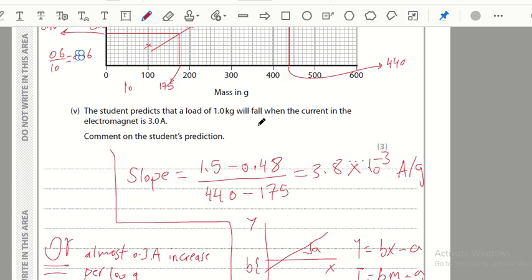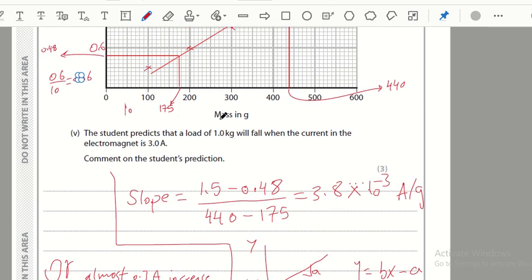After that, he asks about the true or false of a prediction made by a student. The student predicted that at 1 kilogram, the current at which the 1 kilogram will fall is 3 ampere.